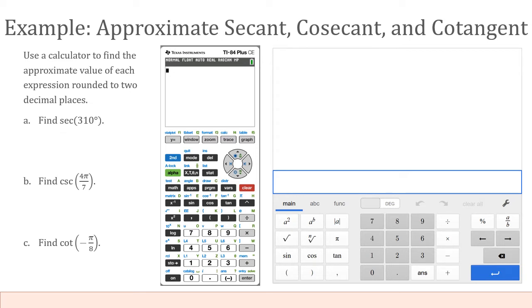Use a calculator to find the approximate value of each expression rounded to 2 decimal places. So for this first one, the secant of 310 degrees, let me just write that, the secant of 310 degrees, we're going to rewrite that as 1 over the cosine of 310 degrees.